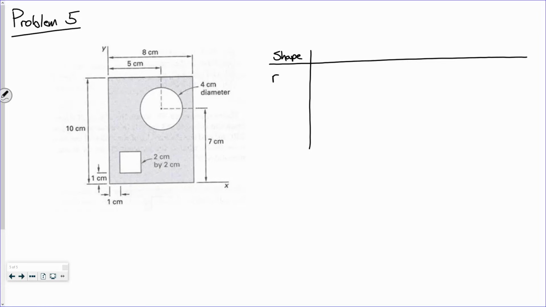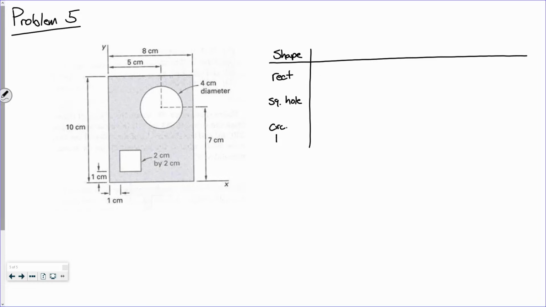I'm going to say the rectangle, the square hole, and the circular hole. Make sense? Now the first thing we're going to need are areas, and I need to put that in square centimeters.